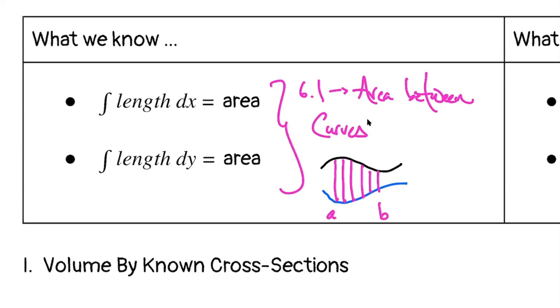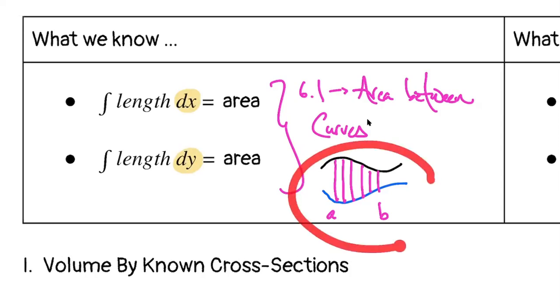And now we did talk a little bit about this decision making, like, for example, how do we know if we're going to have dx, or how do we know if we're going to have dy? And so I'm wondering, before we move on to the what's new, if someone could tell me, based on this diagram that we have right here, are we looking at a dx or a dy situation? Good, good. Yeah, we're looking at a dx situation.